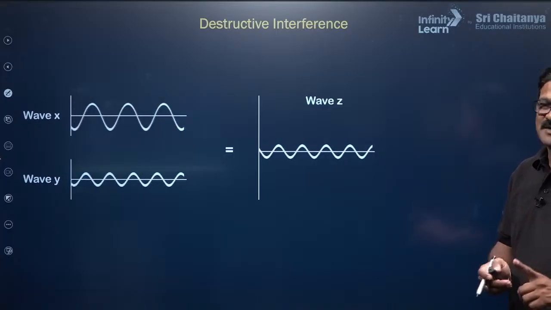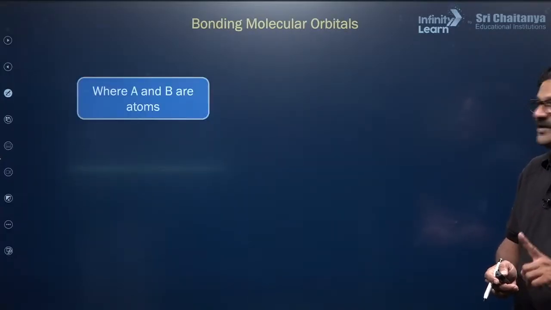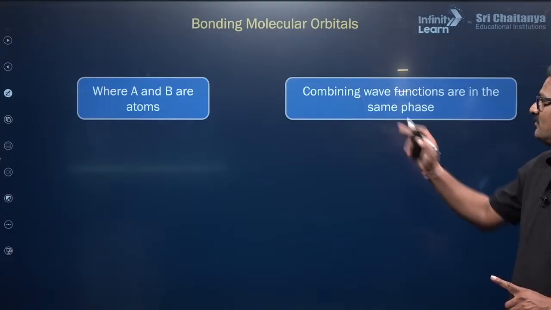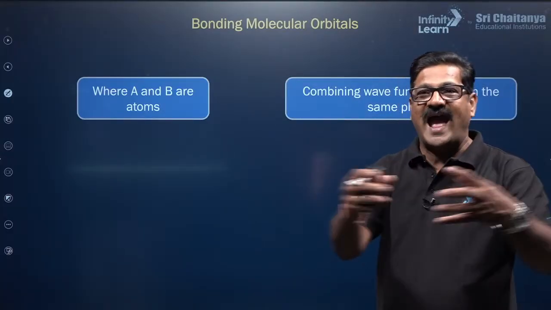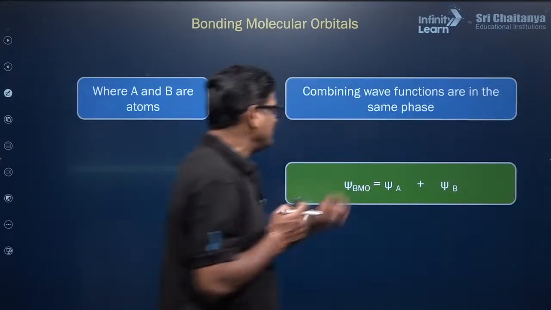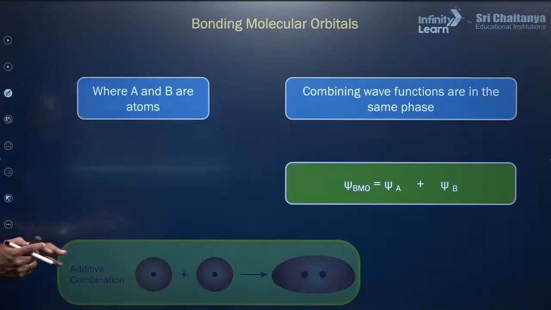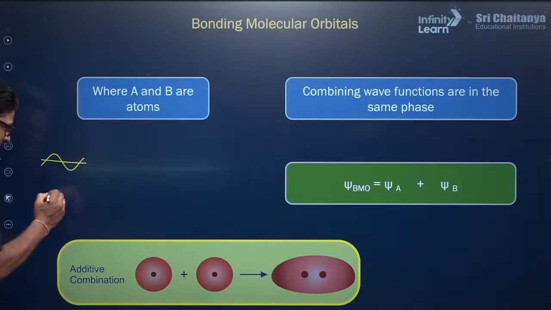When two waves combine, they are going to be additive waves. Where A and B are the atoms over here, and the combining wave functions are in the same phase, it means two waves are being added. When two waves are being added, psi BMO will come. Look at this. This is a wave, and this is a wave.